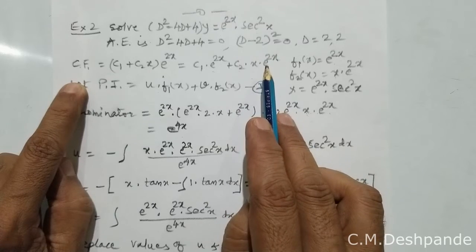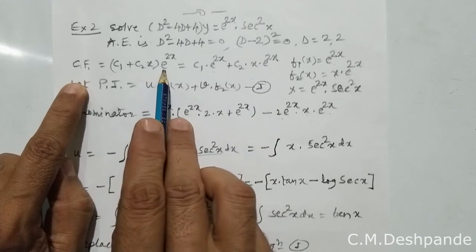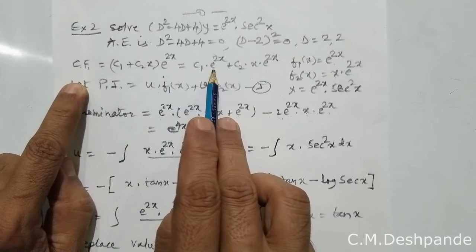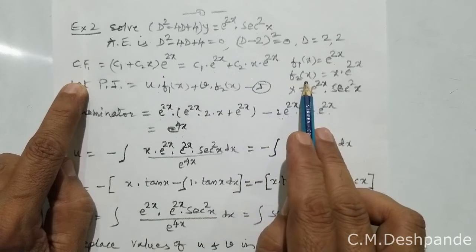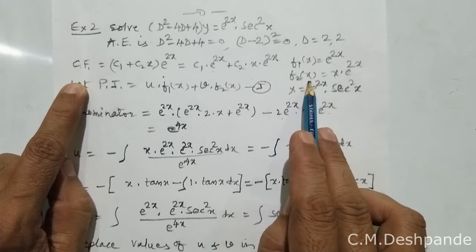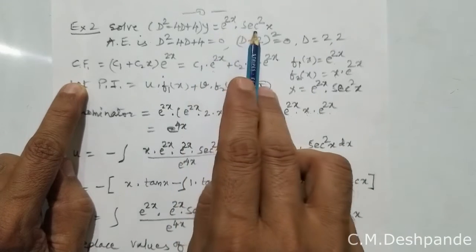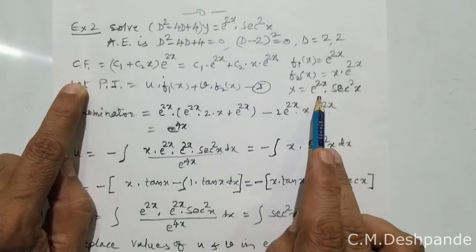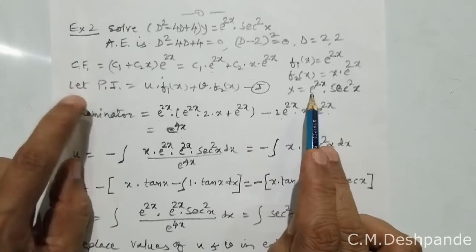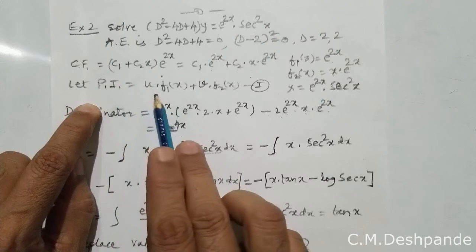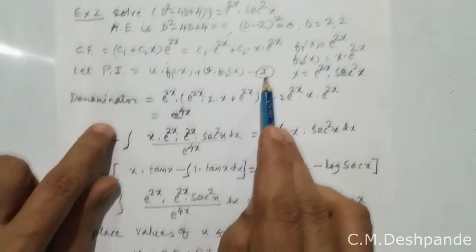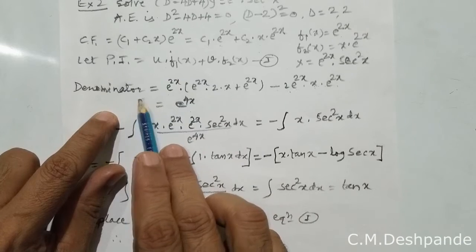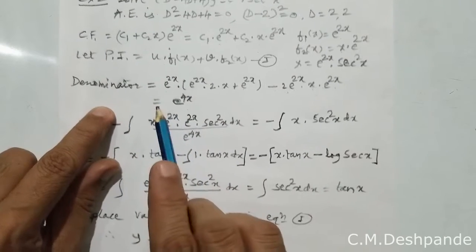Comparing with F1 and F2, e raised to 2x is F1 and x into e raised to 2x is F2, the second function, and capital X is e raised to 2x into sec square of x. This is capital X. Then first assume yp equals u into f1 of x plus v into f2 of x, and calculate u and v by again the same two formulas.